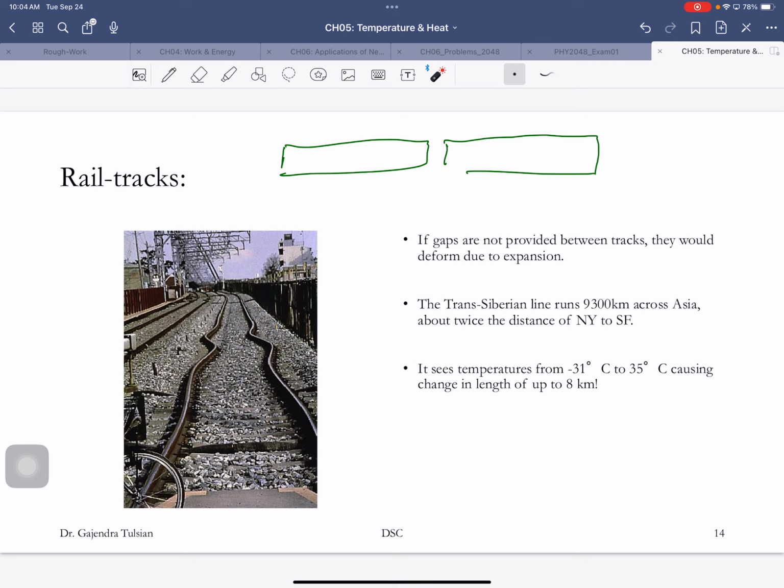Even though the expansion is small, you have to leave these expansion gaps. There's another place that you see this in everyday life. Can you think of any other place where these expansion gaps are there? When you walk on the sidewalk, you see that cut, that's an expansion gap.